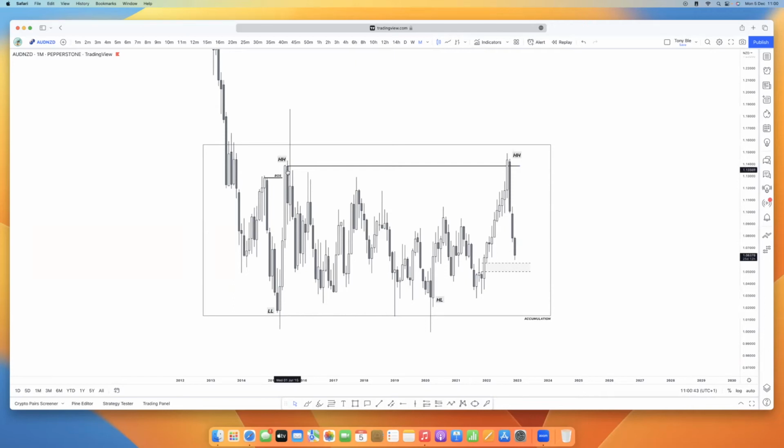And then we had a higher high around July 2015. Since then, price has just been ranging between this top range and this down range for a good 7 years. And then it finally gave us a new higher high around September this year, and price has since then been coming down.